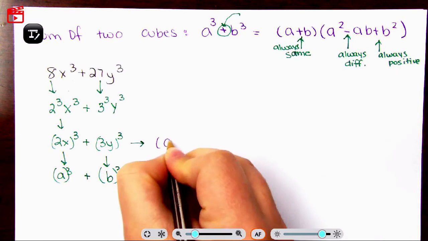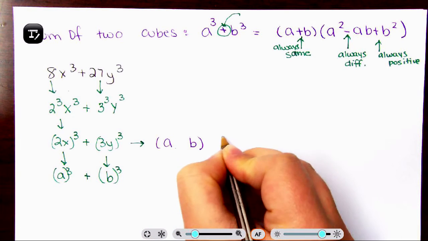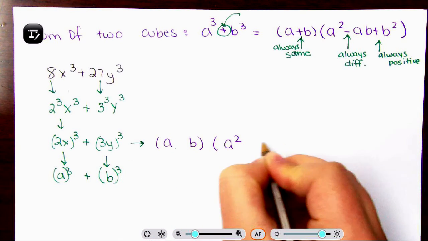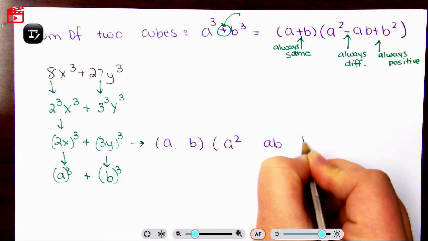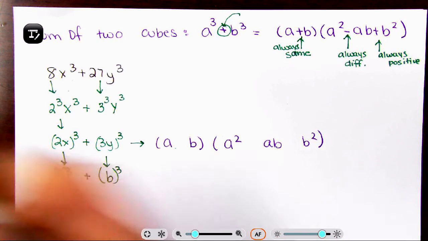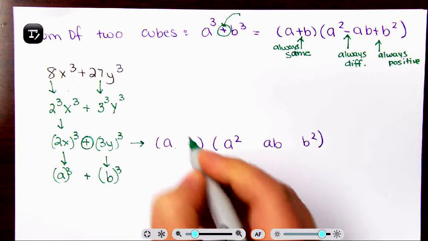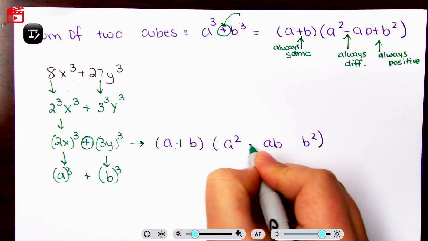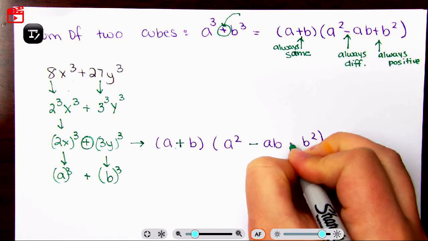We have a plus b, then we have times a squared minus ab plus b squared. We're looking at the symbol here. So always the same, always opposite, always positive.